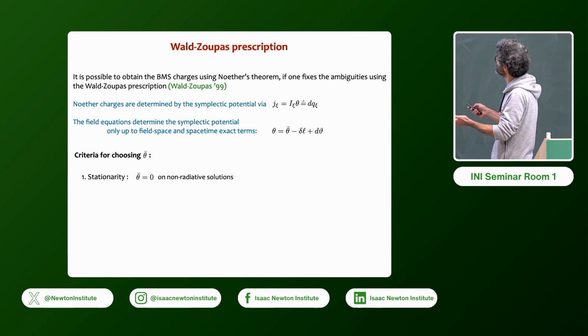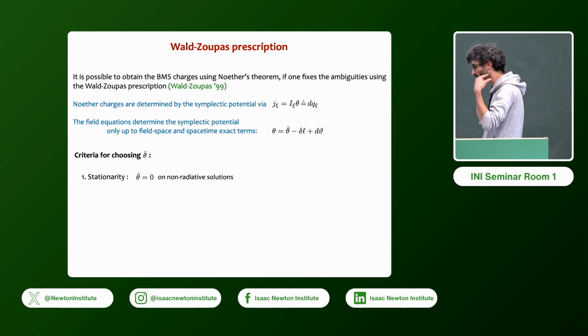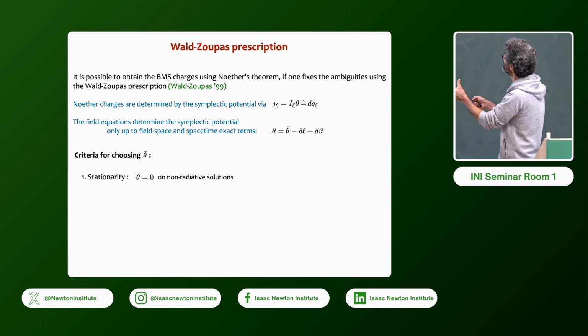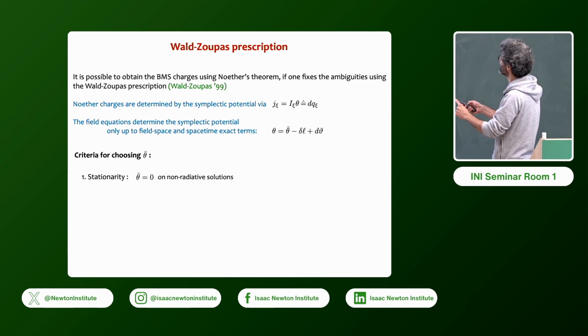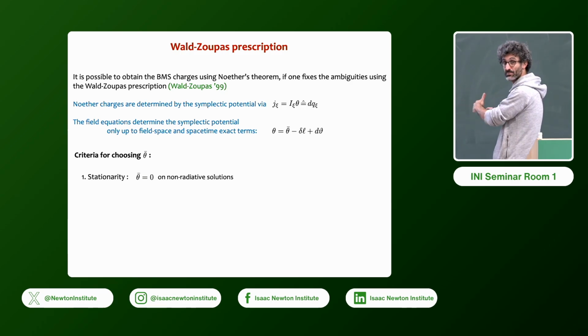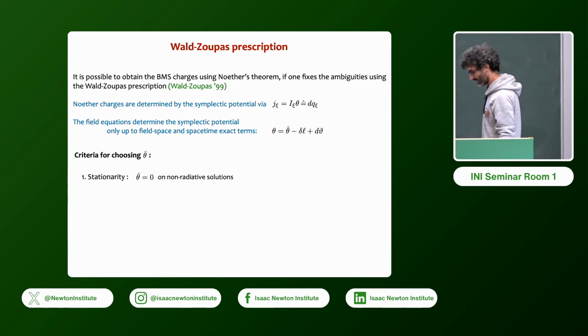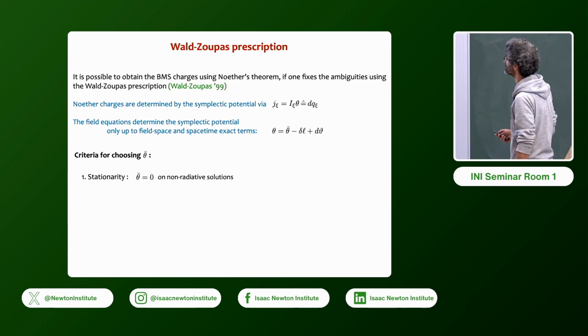And also that there is this cohomology equivalence class that tells you all the possible shifts that you can do. Because you move from theta to theta bar, and of course, xi contracted with delta and xi contracted with d will give you non-trivial things which you might be tempted to move to the right-hand side and take as part of the charge. So this is how you can play with ambiguity to make the flux balance law more physically useful.